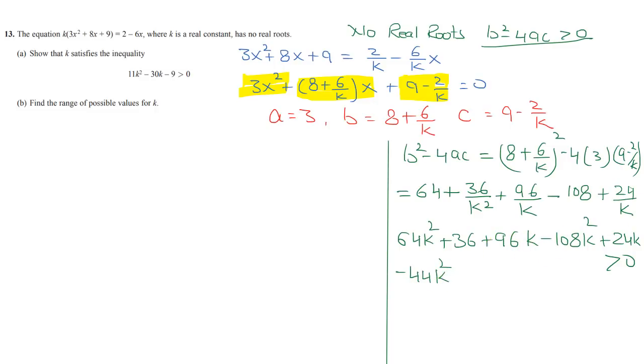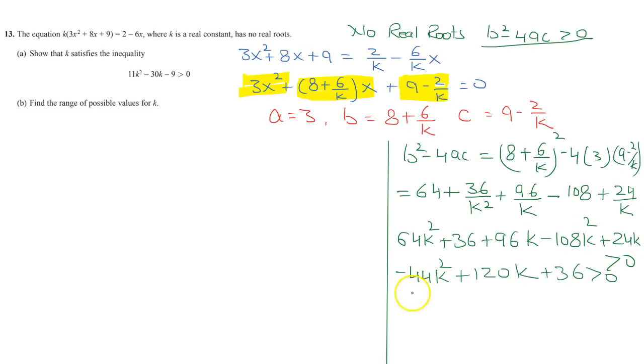Now k is 96 plus 24, that is 120. We have all k negative here anyway. Then plus 36 is greater than 0.